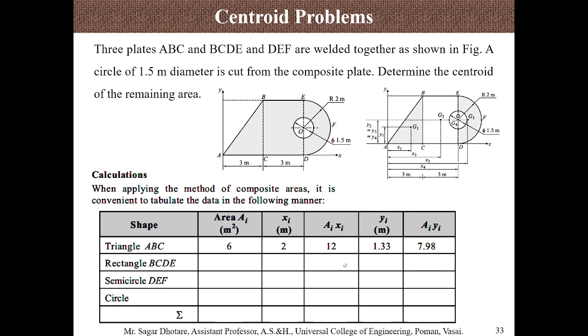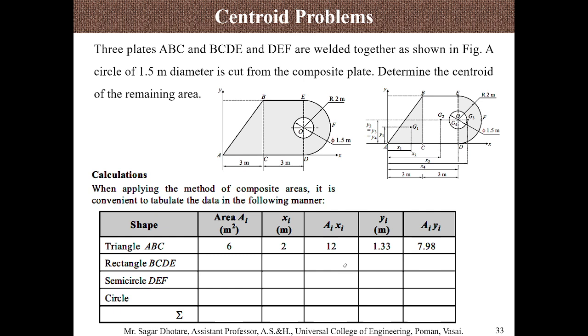Area is 6, x coordinate is h divided by 3, that is 2. Now the multiplication, the y coordinate, we can find with the equation. I hope everybody is getting this equation.